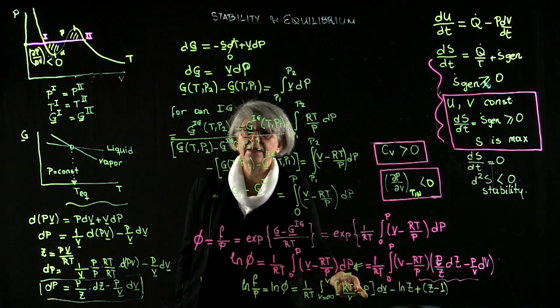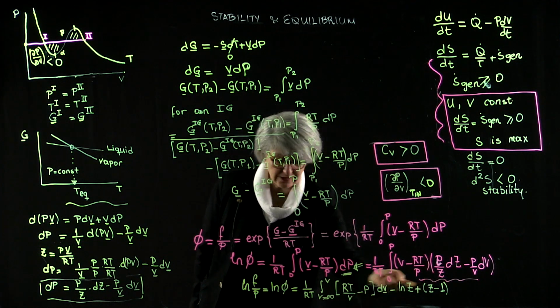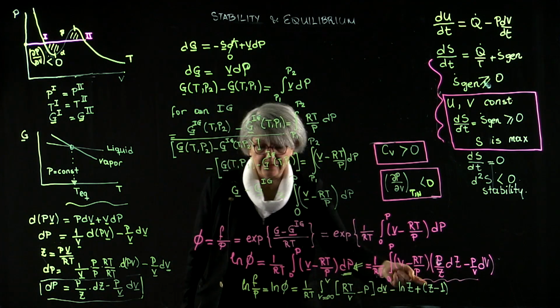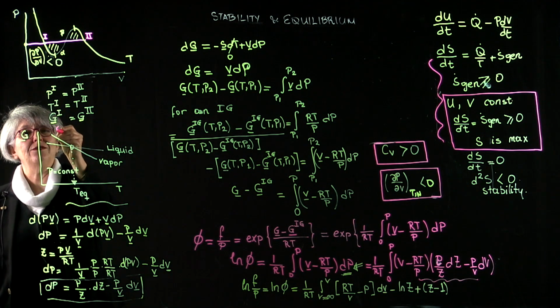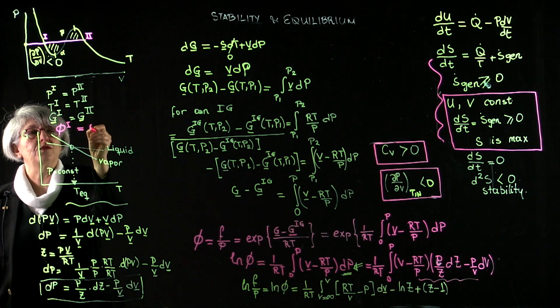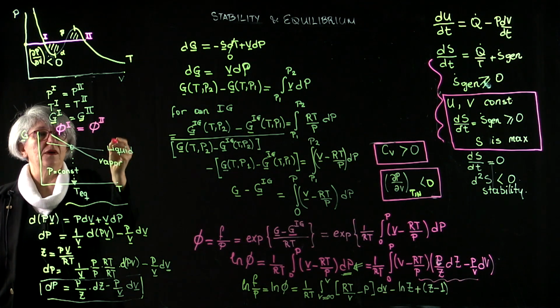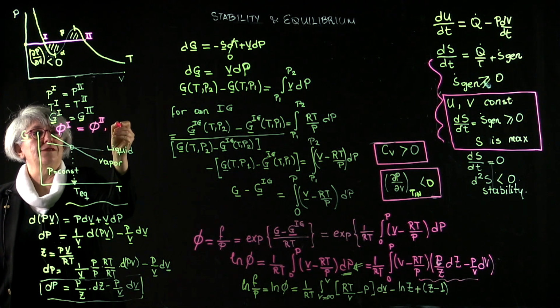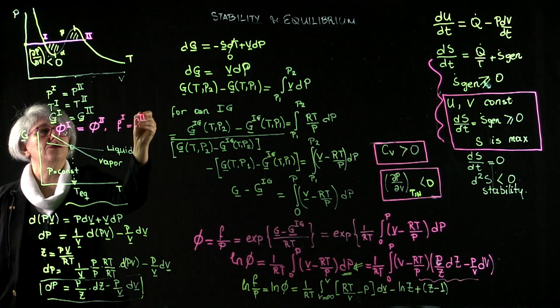For example, I can substitute van der Waals equation of state here to estimate the fugacities. And now I can say that fugacity coefficient in state 1 is equal to fugacity coefficient in state 2 instead of Gibbs free energy, or I can say fugacity of phase 1 is equal to fugacity of phase 2.